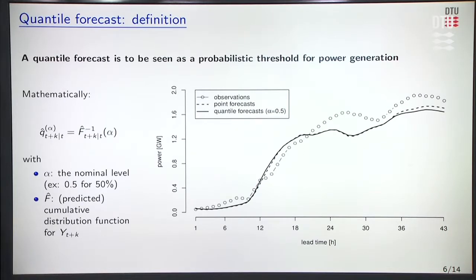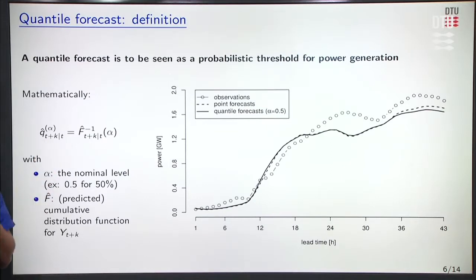Now, we discussed quantiles in a previous module. We explained that quantiles are related to a certain nominal level, so you could see it as a probability level, and for this given probability level, we have to go through the cumulative distribution function to see what is the level of power corresponding to this nominal level.